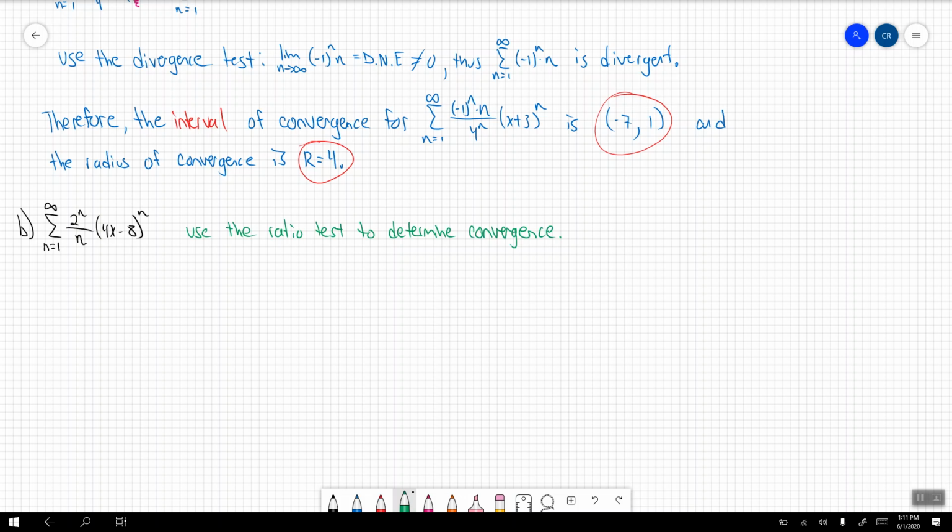So what I want to do here is use a ratio test to determine convergence.